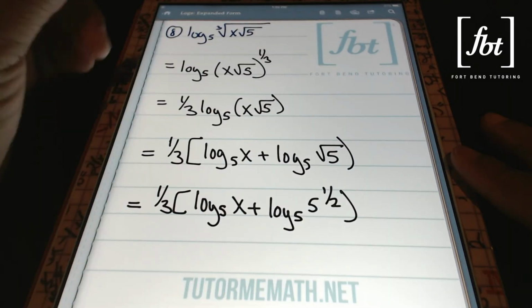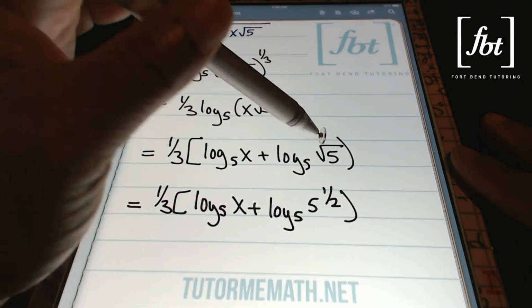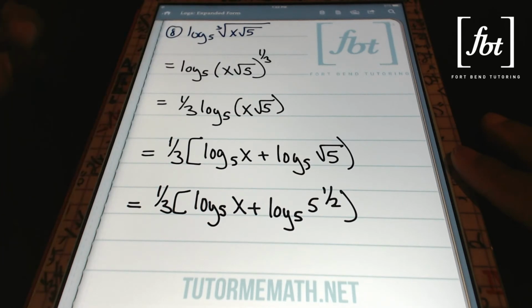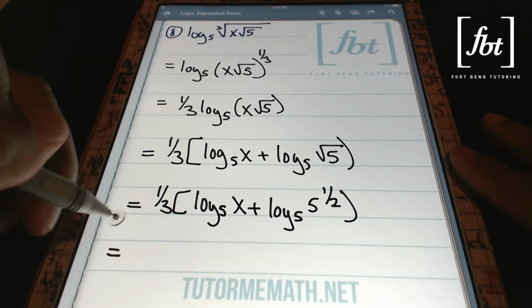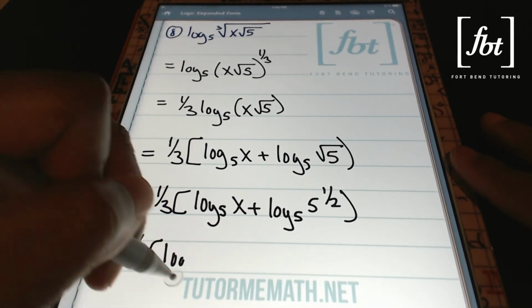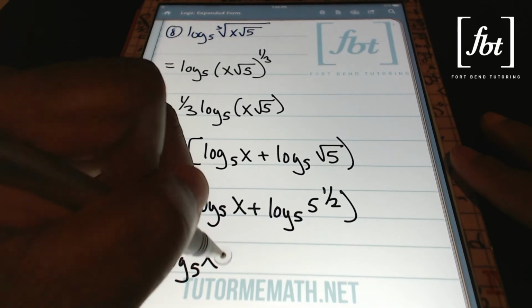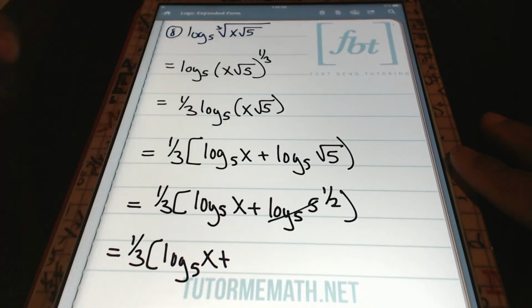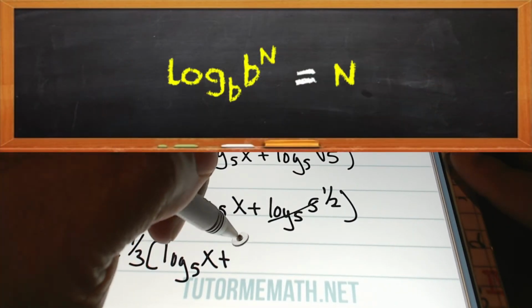So notice that I'm rewriting our radical notation of square root of 5 into exponential notation as 5 to the 1/2 power. Now, continuing on, we'll have 1/3 times log base 5 of x plus, and then over here with the second term, that log base 5 and 5 will cancel out to give you 1/2.